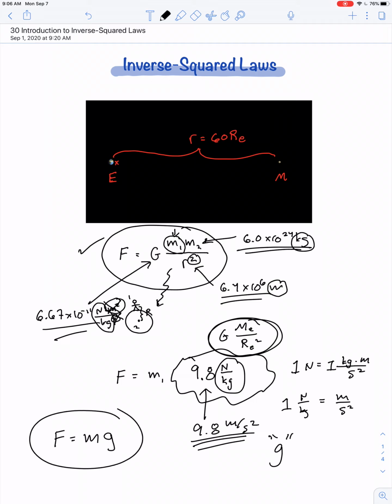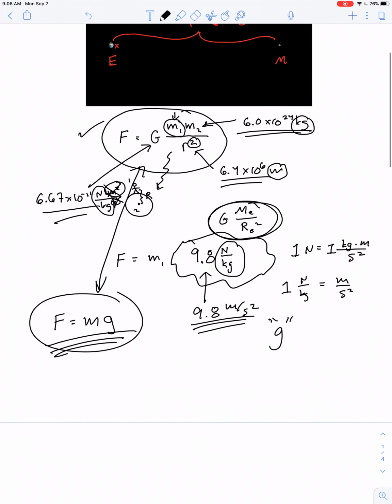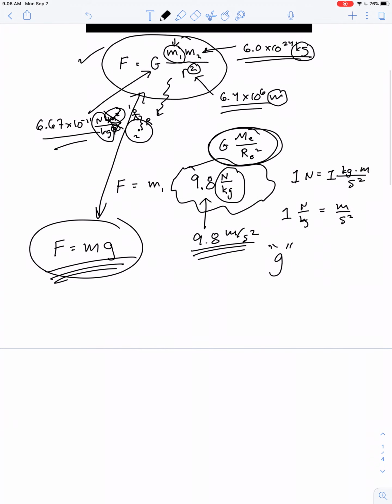So there's no distinction between these two formulas, but it's much easier to use in this form. Now, by the way, it should be clear that the value of 9.8 meters per second squared, which can also be expressed as 9.8 newtons per kilogram, is very specific to the surface of the Earth.